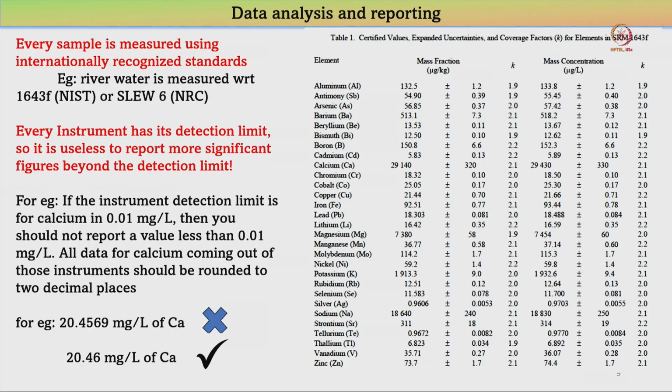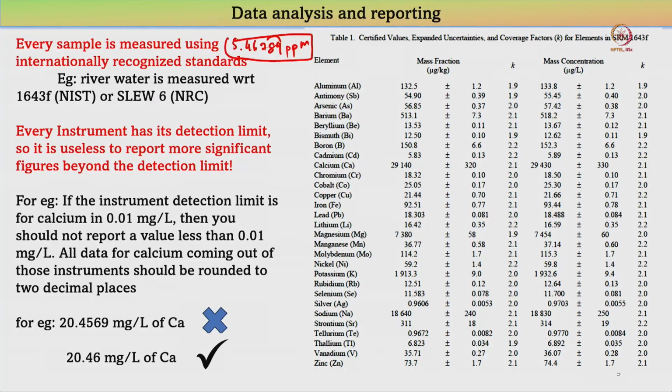So, suppose you are measuring a value of 5.46789 ppm. Am I going to report it like this when I get the value? How do I know where to round off? To which digit should I round it off?